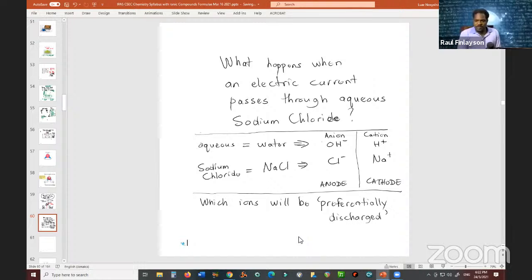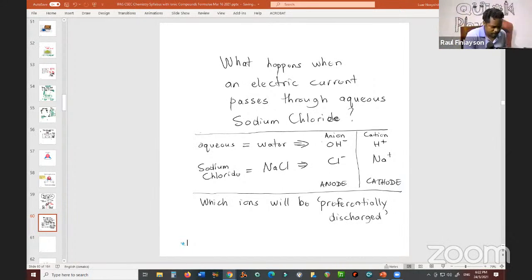So let's see if we can find a visual to highlight this now. Preferential. This is preferential. And we're looking at discharge in electrolysis.